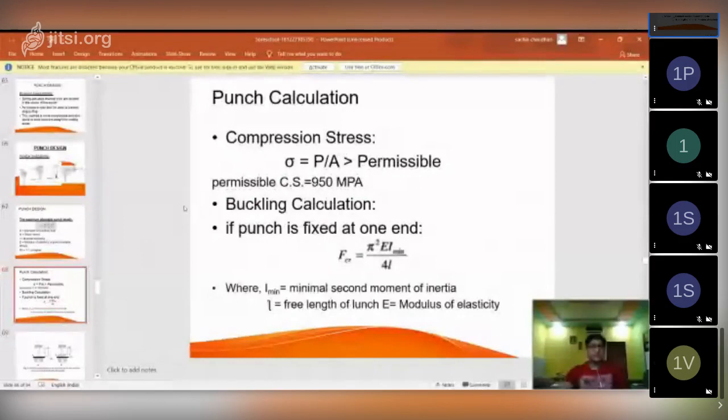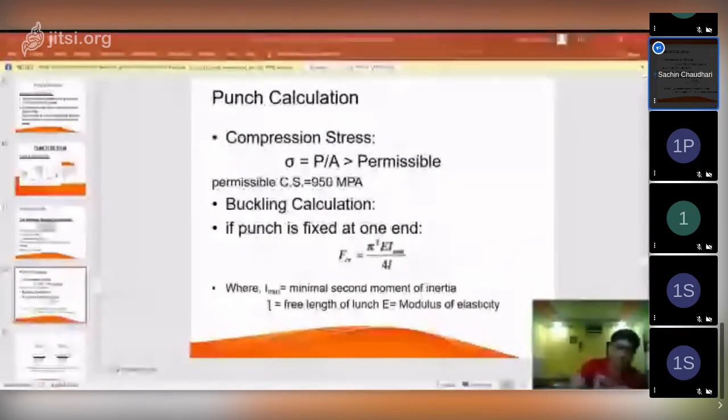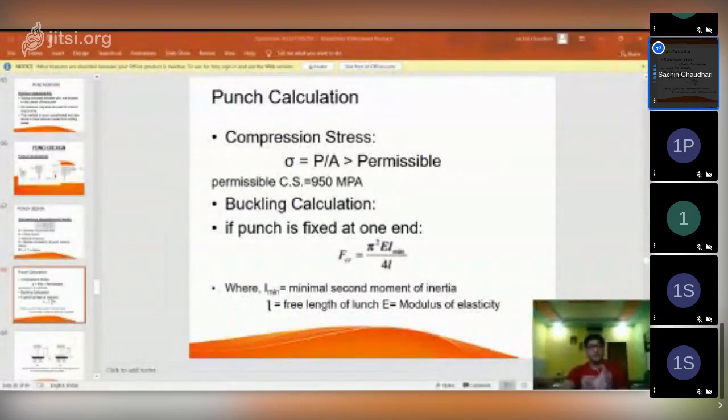Let's see now. Next is the punch calculation, guys. In punch calculation, first is the compression strength. As the formula given, it is calculated by F by A, and this formula is generally used for small punches, not for heavy punches.